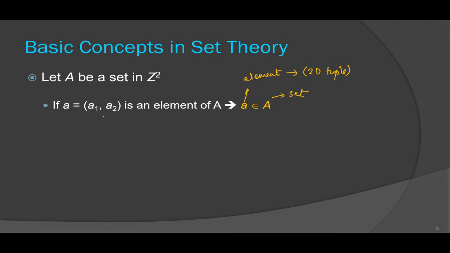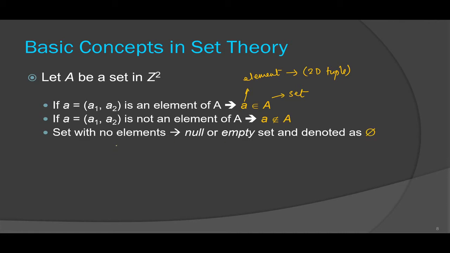Further, if a equal to a1, a2 is not an element of A, then the notation used is that small a does not belong to capital A. Further, a set with no element is denoted as the null set or the empty set, and it is denoted by the Greek symbol phi.